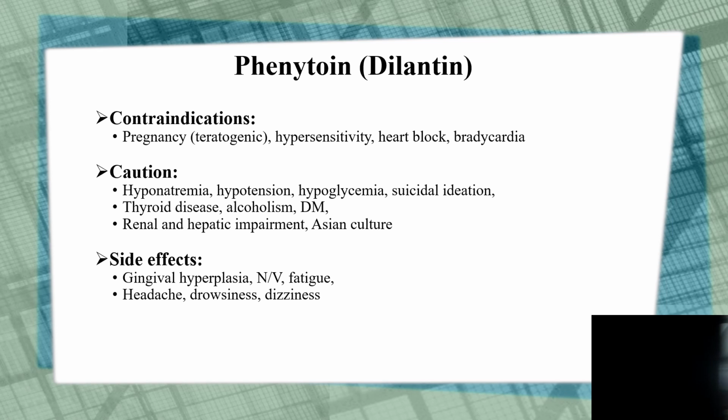With children, they usually give a little higher dose because they have a higher metabolism. The doctors may order a little higher dose because the drug is broken down quickly in children.